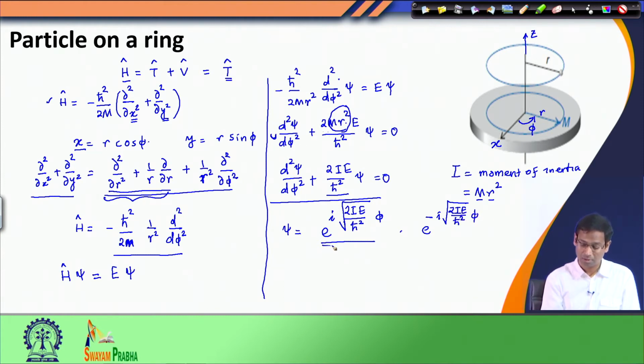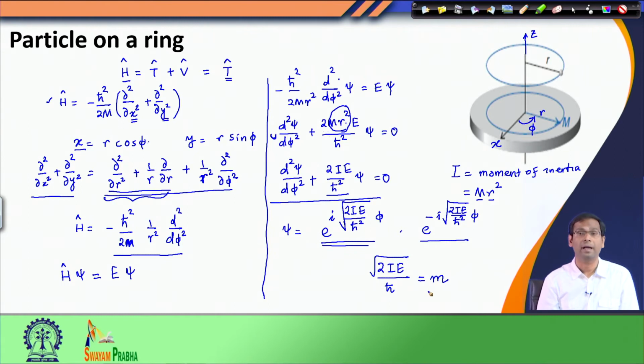So, now I got two possible solutions. I could write this as e to the power plus or minus i, this term over here, and phi, where phi is the angular coordinate of my system. So, here, since I have such a big term, I will give a somewhat shorter name to it.